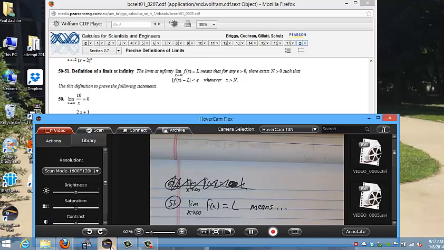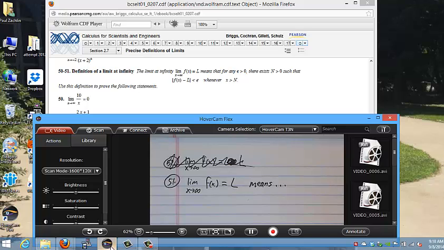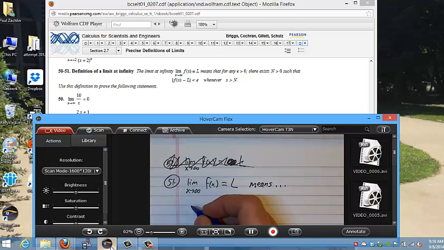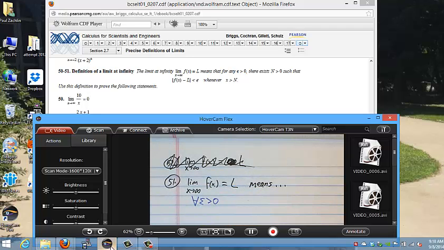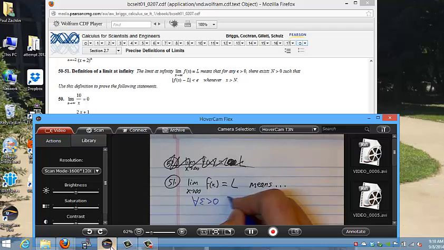And so I'll write down what's done, and I'll try and draw a picture and see if that helps you understand. Okay? So what do they say? They say, well, for any epsilon greater than 0, let me do the shorthand. For any epsilon greater than 0. And then they say there exists. What's my shorthand for that? Backwards E, right?